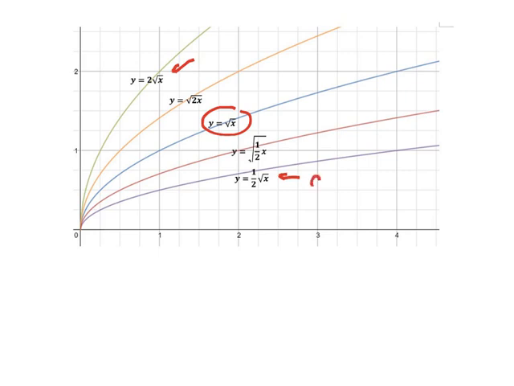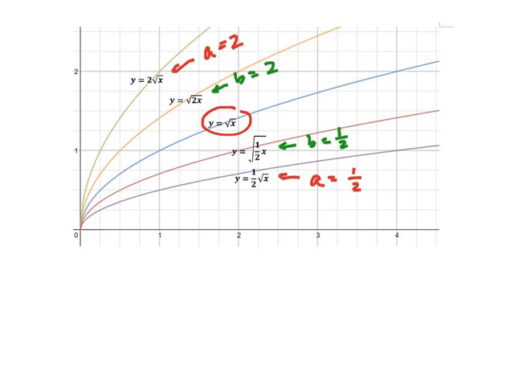So here a equals 1/2 and this one a equals 2. Now for this one here and this here, we see a transformation in the b. So b equals 1/2 and b equals 2.